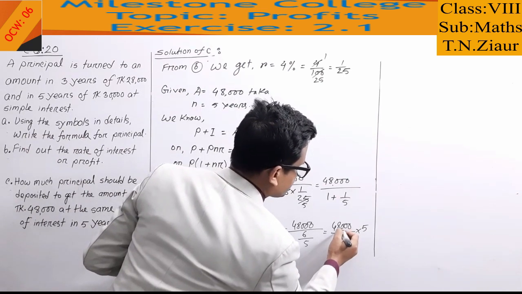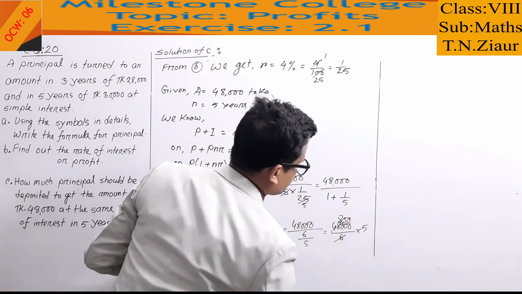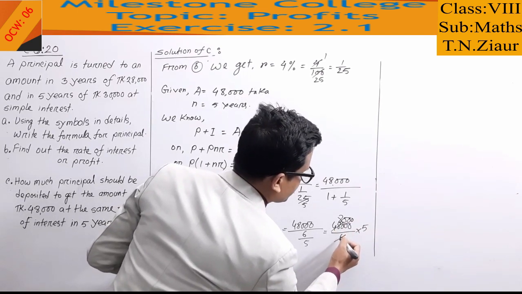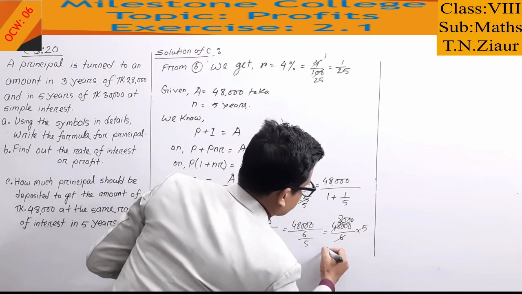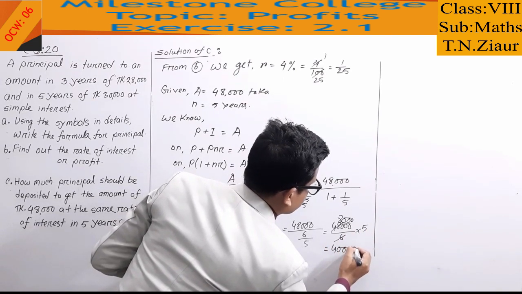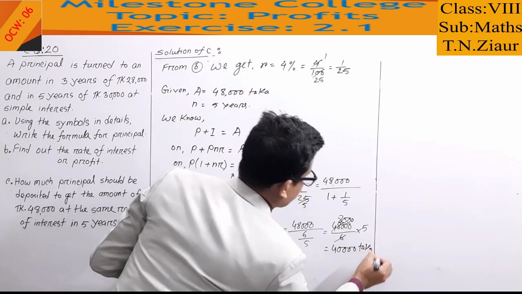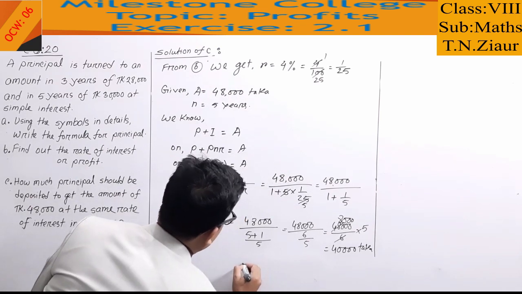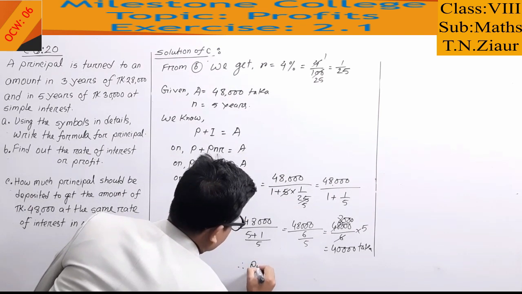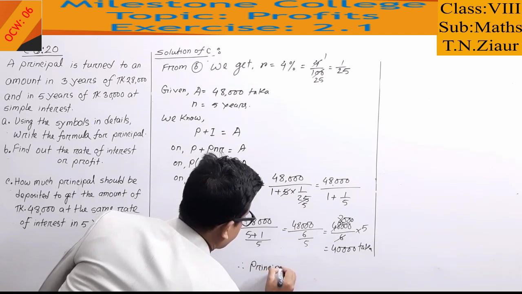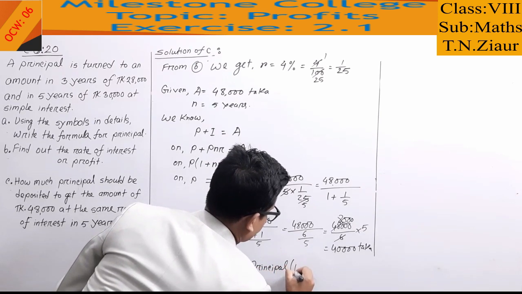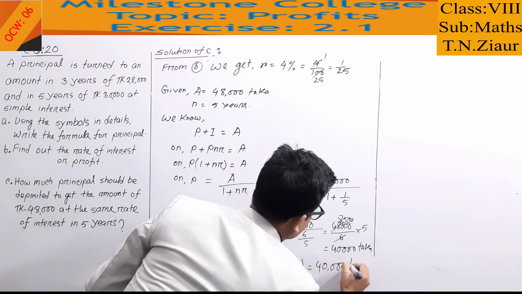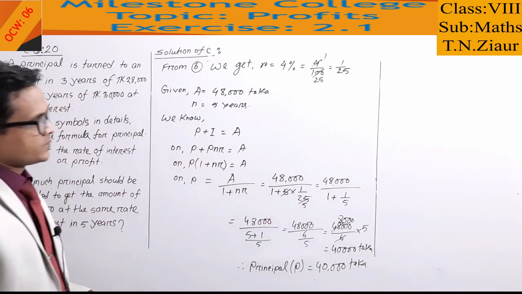So 6 8,000s are 48,000, and 5 8,000s are 40,000 taka. So the principal is 40,000 taka. So P means principal that should be deposited, P is equal to 40,000 taka. This is the answer of C number.